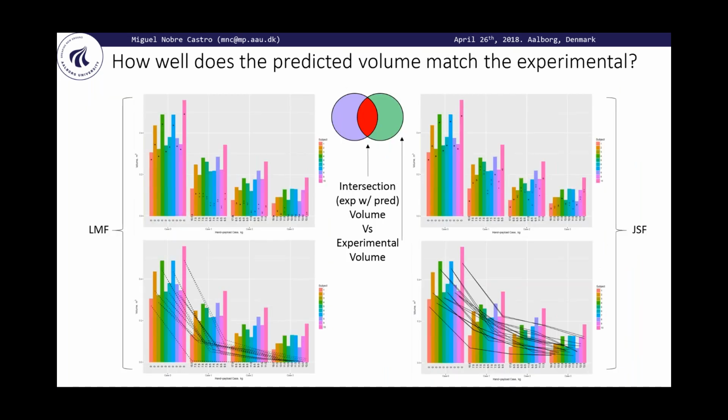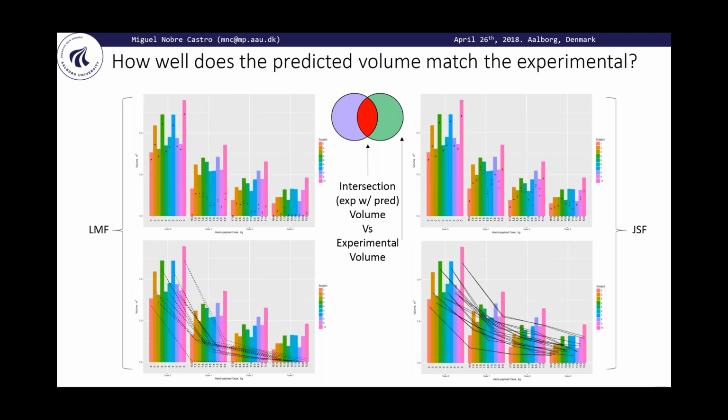So if we think of an evaluation way to compare this not so good model with the little better scaled version, and if you look at the original volumes that we collected for the experimental data, and we assess the intersection between those experimental volumes and the volumes that we got from these new simulations, what we see is that on the left side we have the length-mass-fat scaled model, so the weaker model.